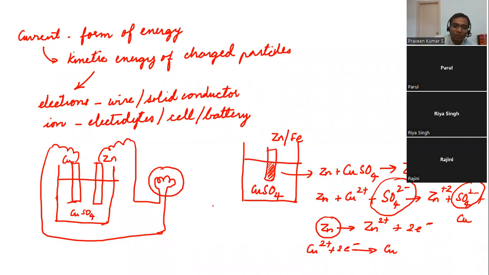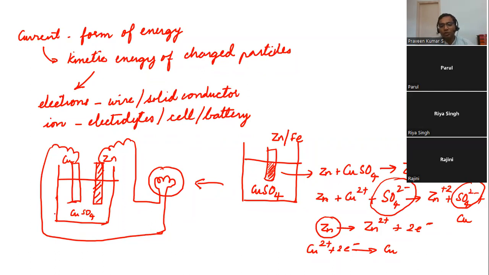Now come to this figure. Here, the moment you dip these two sticks, what will happen? Zinc will give away two electrons, copper will take two electrons. So from zinc, from the right side, two electrons have to go to copper. How will they go?